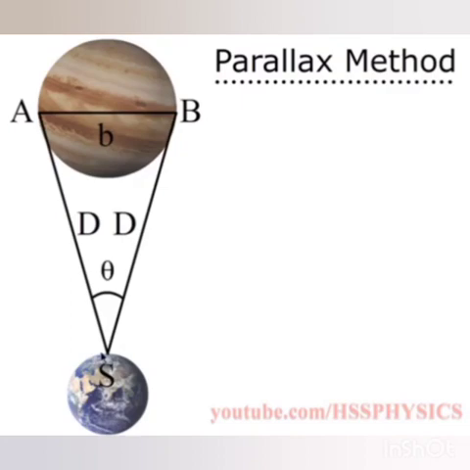As you can see in the diagram, the observatory that is observing the two diametrically opposite ends of the planet makes angle theta. D is the distance to the planet, and again by applying the parallax method we can say that the arc length b is equal to D theta.